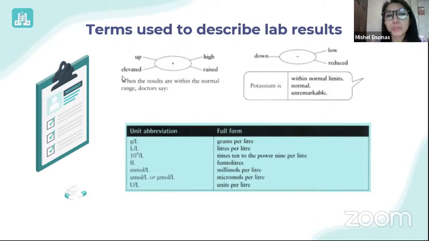For example, when we know that it's elevated, we call that up or high or raised. When we know that it's reduced, we can call that low or down, maybe to explain to our patients. Okay.